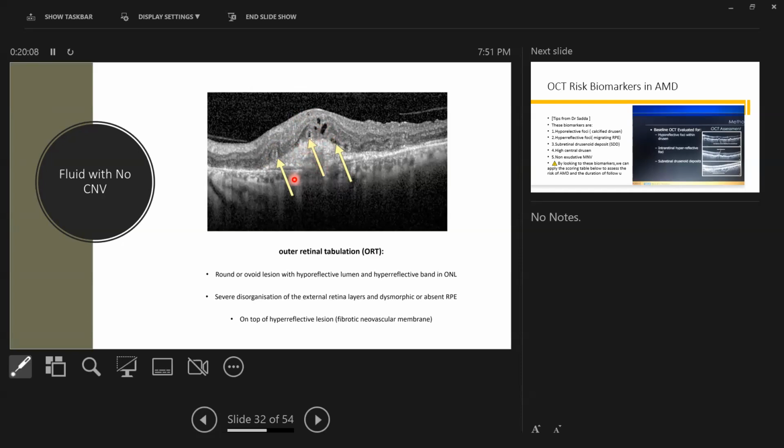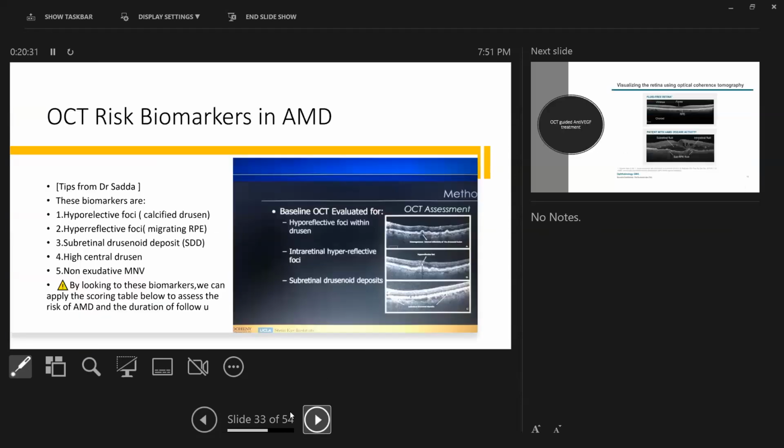It's not edema, because even their level is not the level of the edema, and they should not be given any treatment because they will not disappear with any kind of injection, even if you give hundreds of injections. Usually it is seen as a hyporeflective lesion with a hyperreflective wall. So please pay attention to outer retinal tubulation.